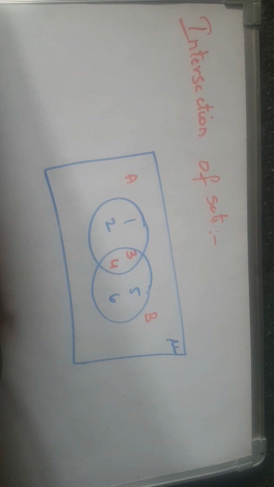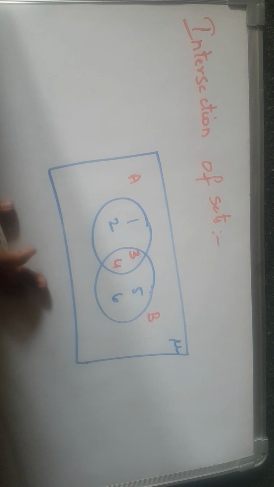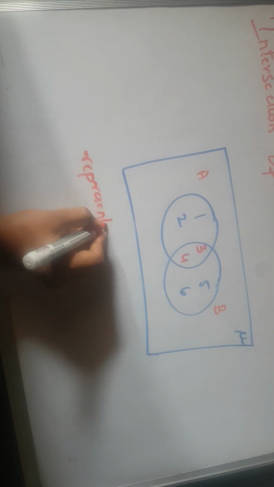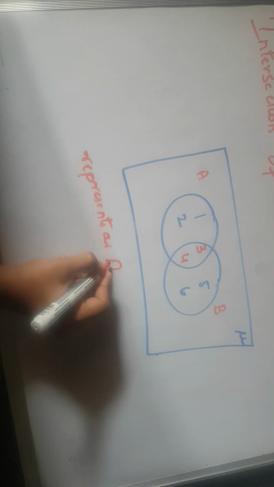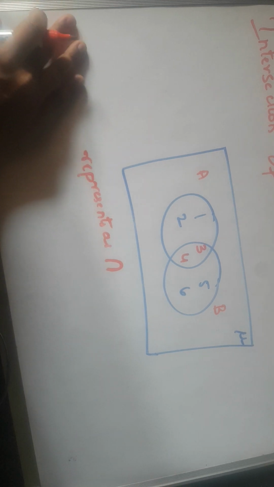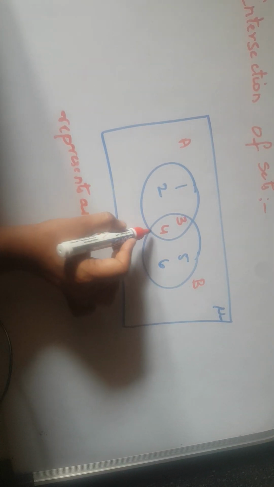Now consider the concept of intersection of sets. It is represented as an upside down U. In this, what are the common elements?